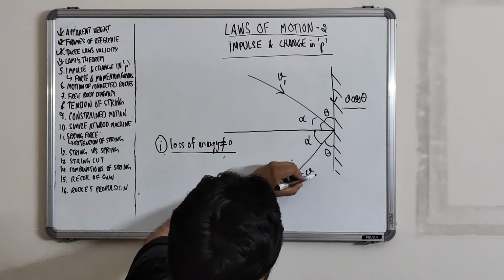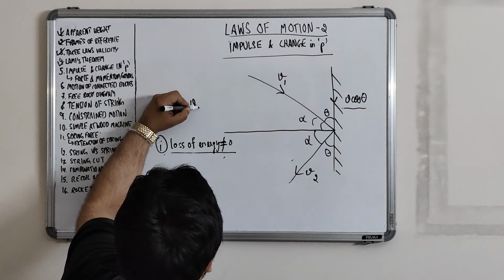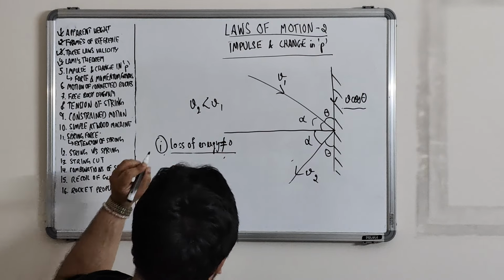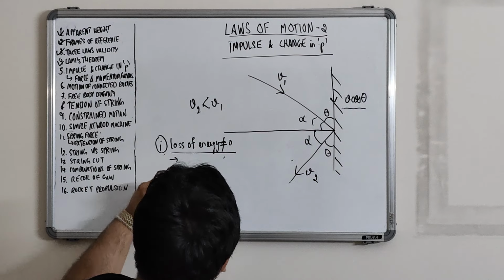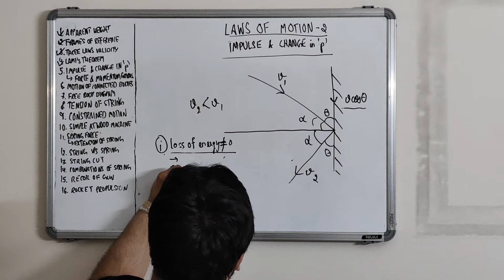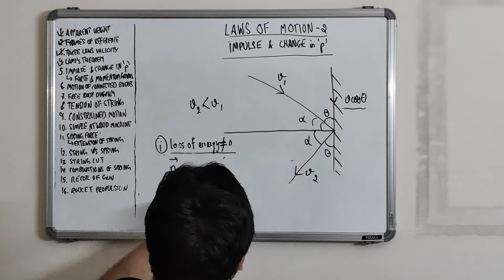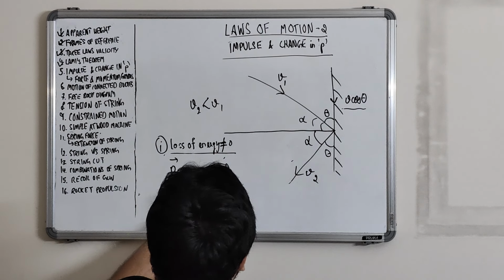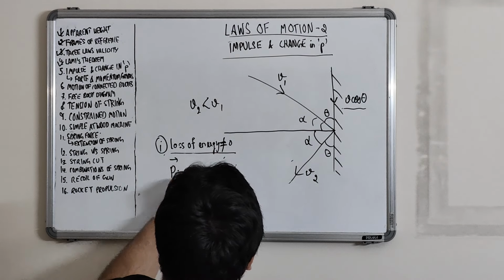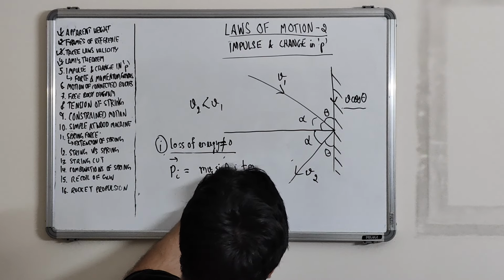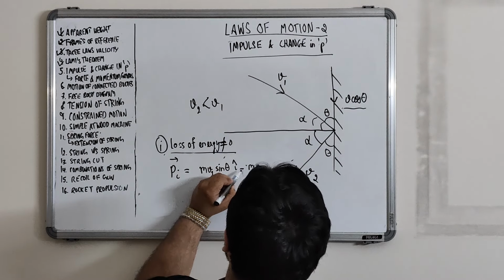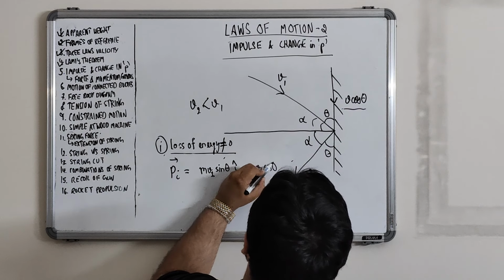The velocity changes and v2 becomes less than v1. So p vector initial, the x component was positive, so mv1 sin theta I cap, and minus mv1 cos theta j cap.